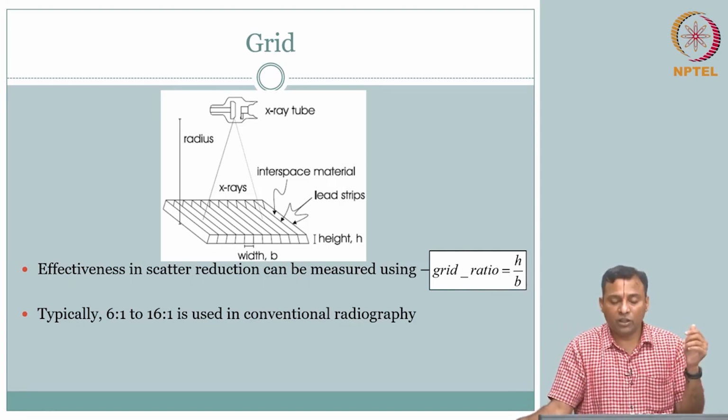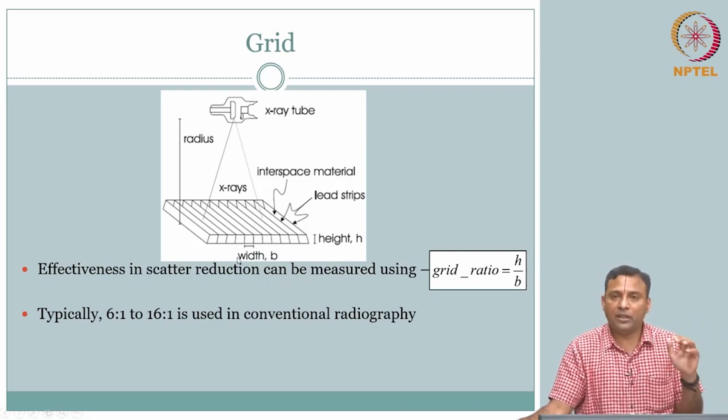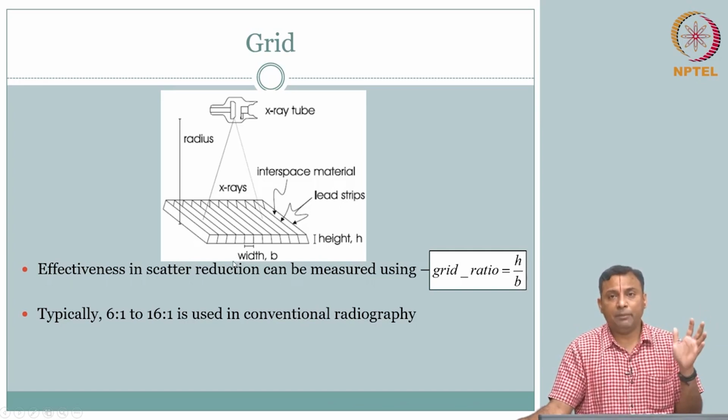Instead of reporting it as B, you can report the number of lines per centimeter. So roughly you have 60 to 80 lines per centimeter in a typical system, depending on the application, whether it is for mammography or for chest X-ray. Depending on the application, that can vary in that region.